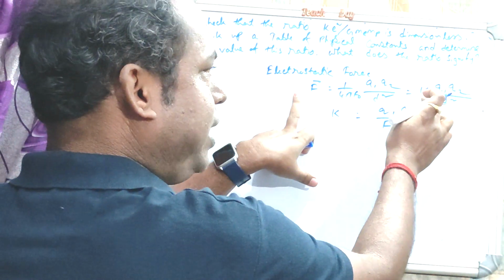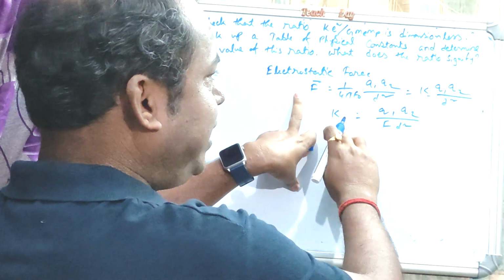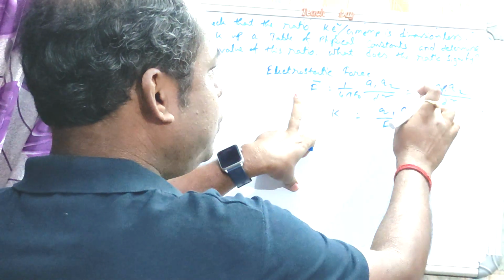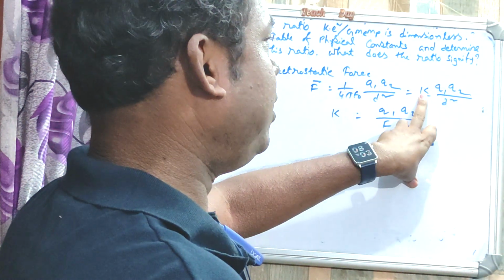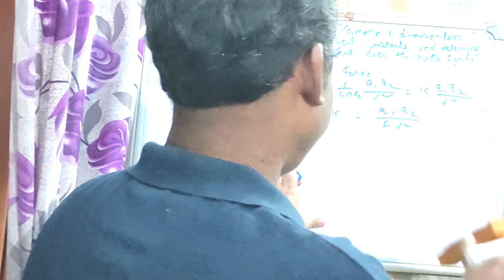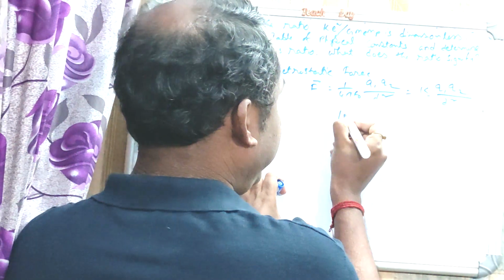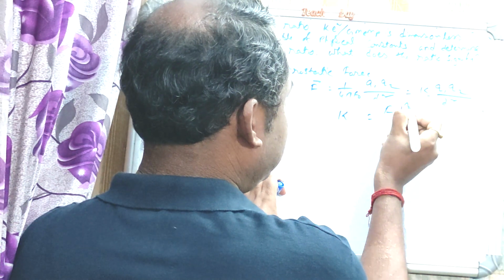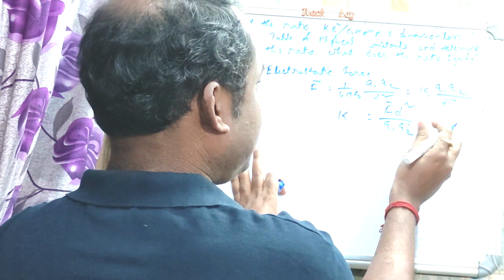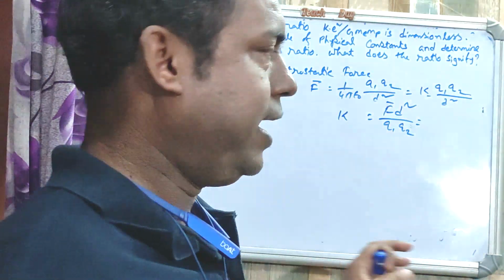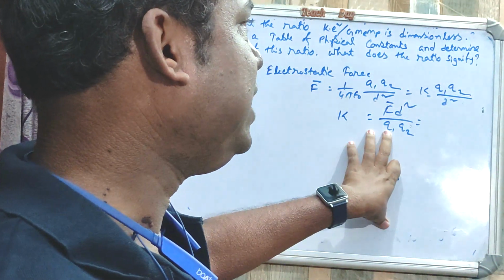So what is the value of k? When you write F equals k into q1 q2 by d square, we want to find out the value of k. So it may be written as k equals F into d square by q1 into q2. Now we want to find out the unit of it.